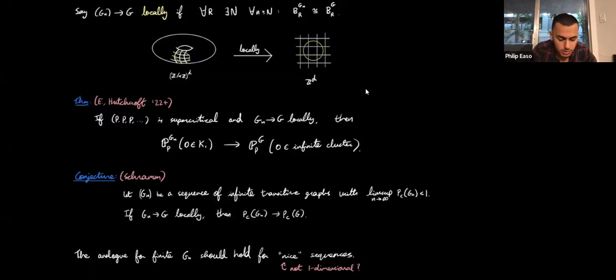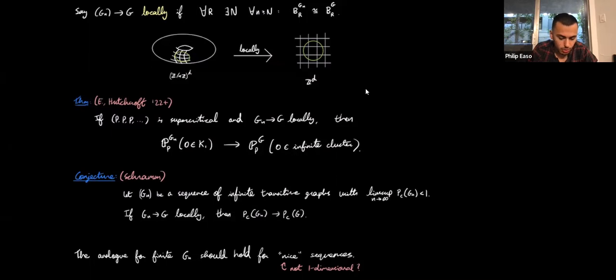If you have a sequence of transitive graphs converging to a graph G, then we say that it converges locally if for every radius, the ball of that radius in your sequence of graphs is eventually isomorphic to the ball in the target graph. In this example, I'm trying to show how a sequence of d-dimensional tori will converge locally to the d-dimensional lattice, because for any fixed ball, eventually the torus will look the same as the lattice in the limit.